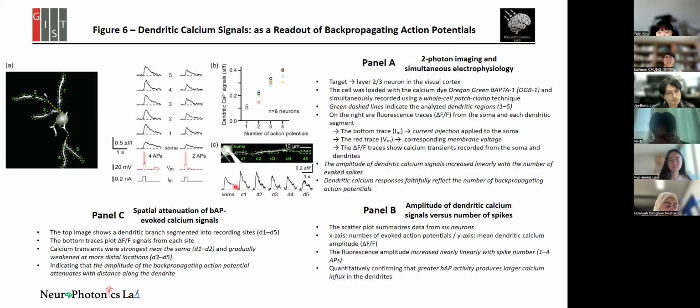And calcium transients were strongest near the soma and gradually weakened at more distal locations, indicating that the amplitude of the backpropagating action potential attenuates with distance along the dendrite.